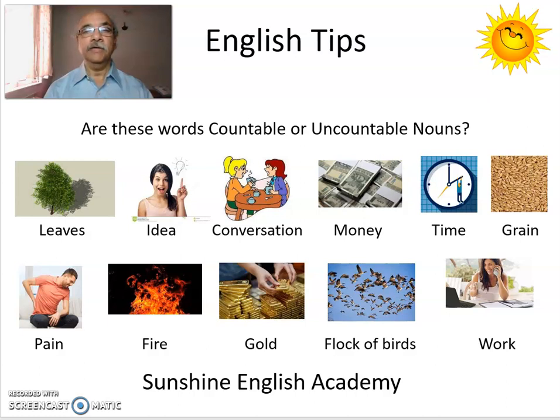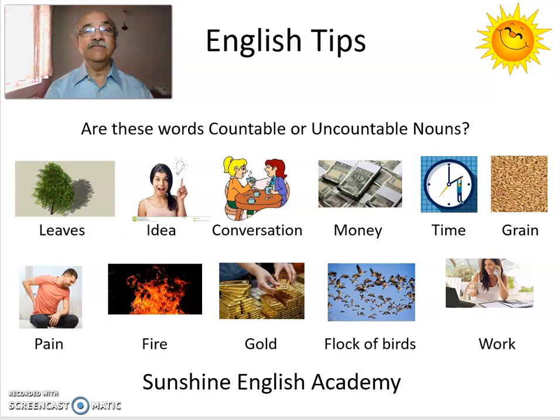Okay, now let's look at them one by one. Leaves. This is a countable noun. The question is not whether you can count all the leaves on the tree. The question is whether this is a countable or an uncountable noun.